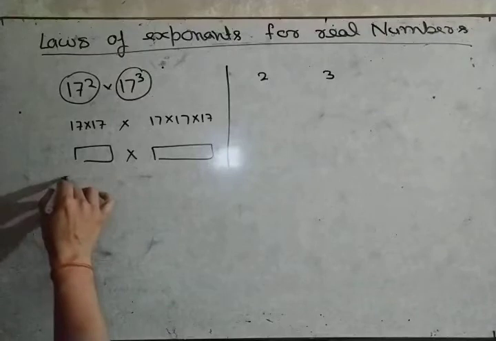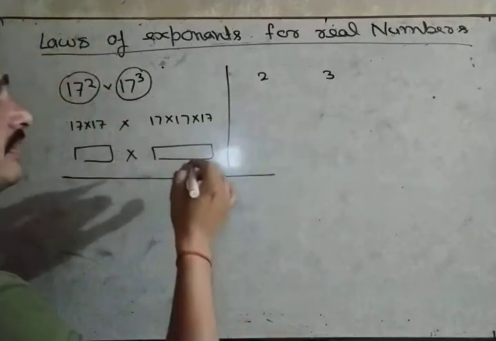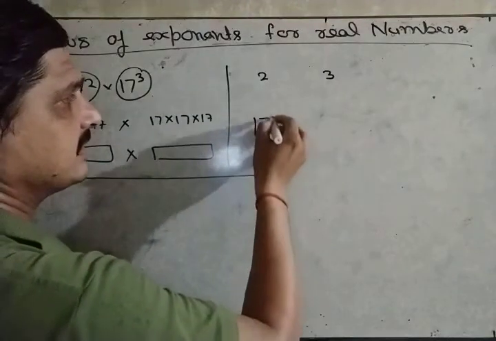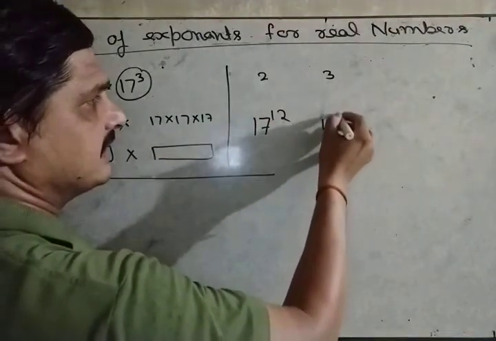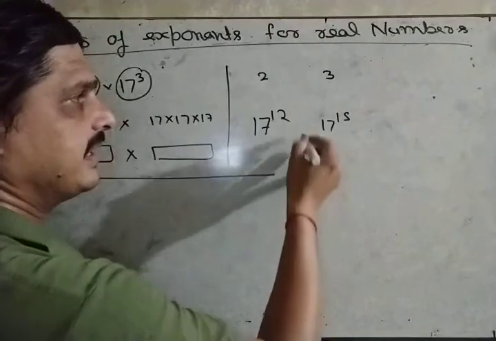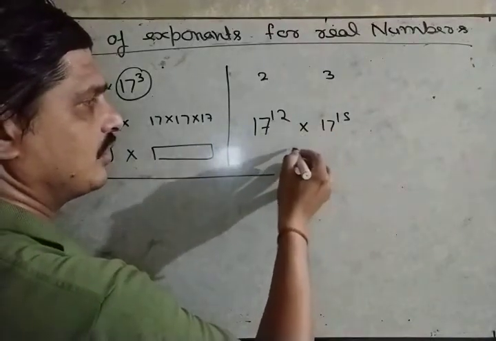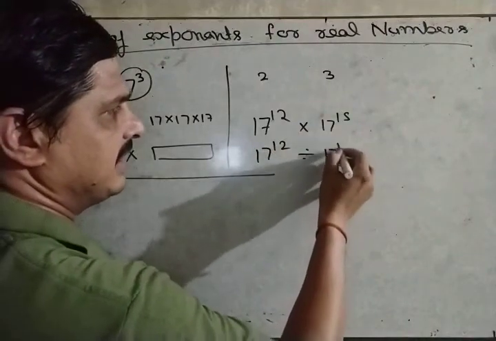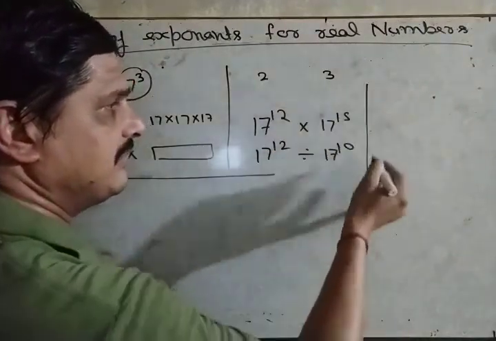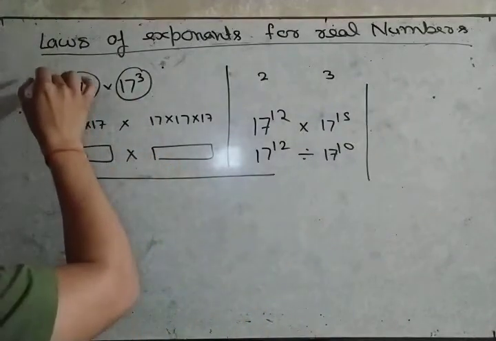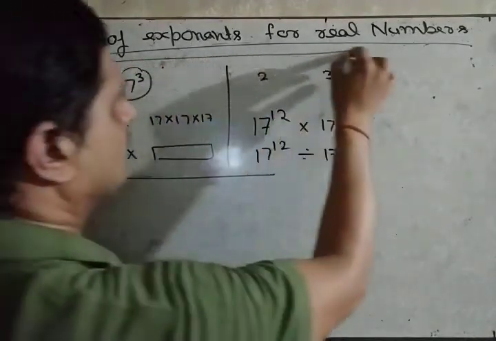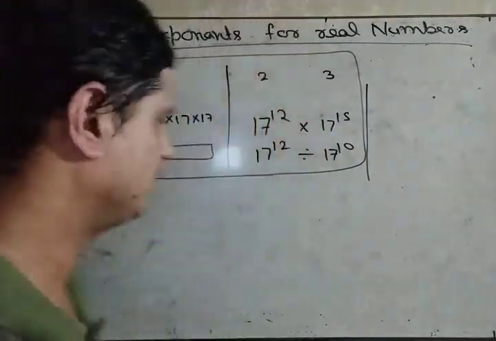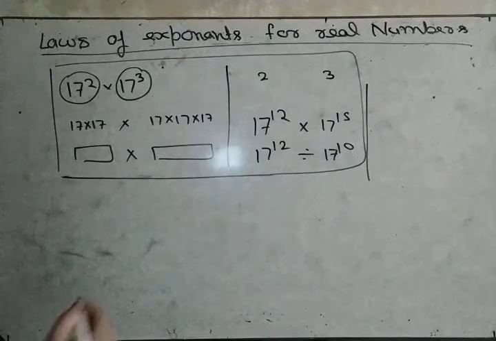But if these powers are like this and like this, and it is multiplying, or we can say dividing by 17 to the power 10, then what will be the case? So some rules are there. So I would like to revise those rules if you know them. Otherwise, you can see.